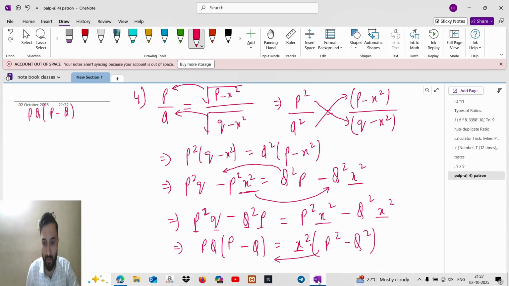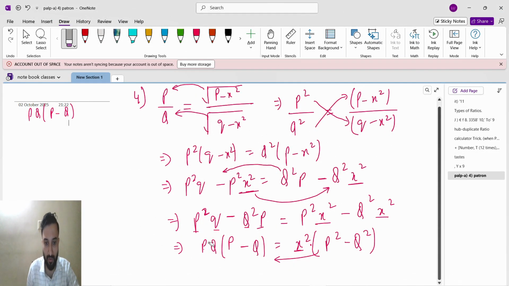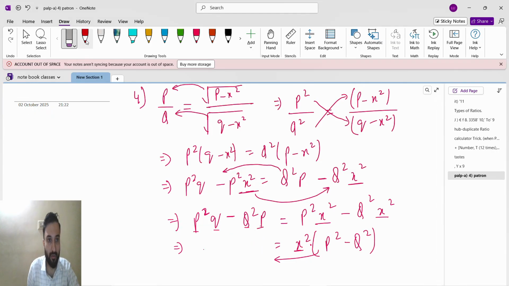Okay guys, in the options we should not have to do this. In the option it is like this only. P square Q minus Q square P. So see, it will become P square Q minus PQ square, right?